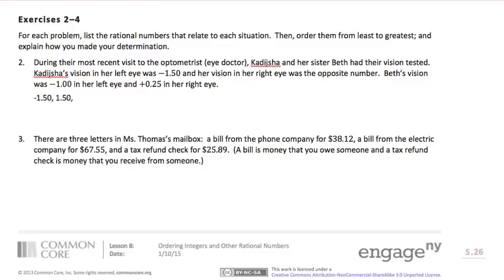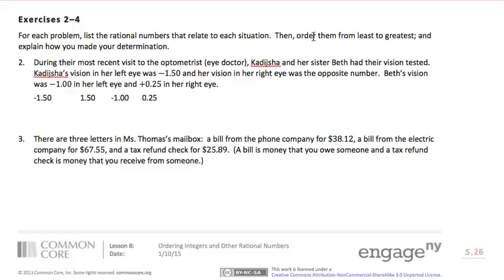There's the second number. Beth's vision was negative 1 in her left eye, and we can put 0 hundredths, it'll be easier to compare, and positive 25 hundredths in her right eye.